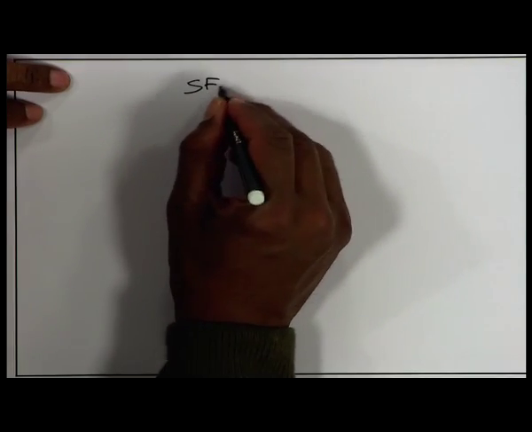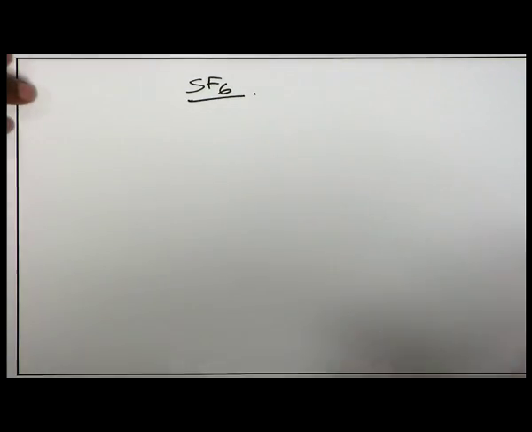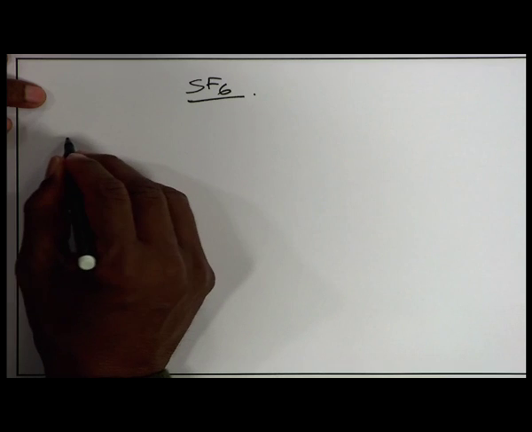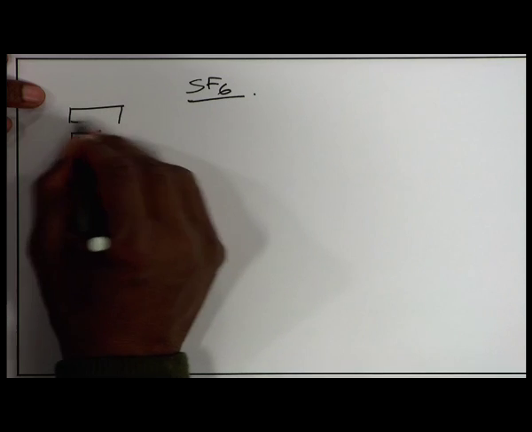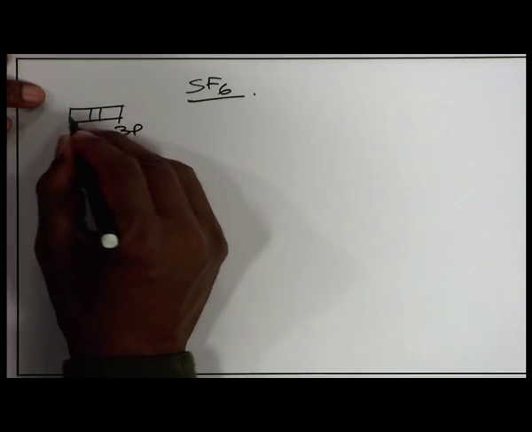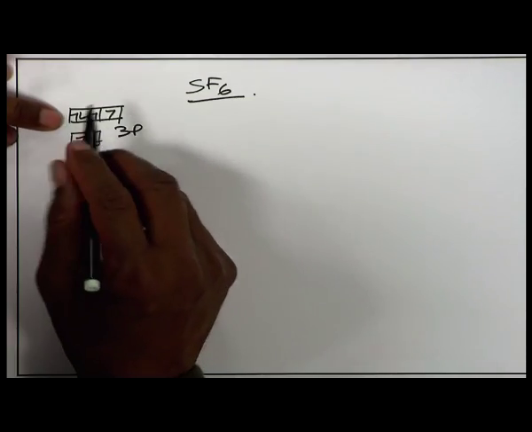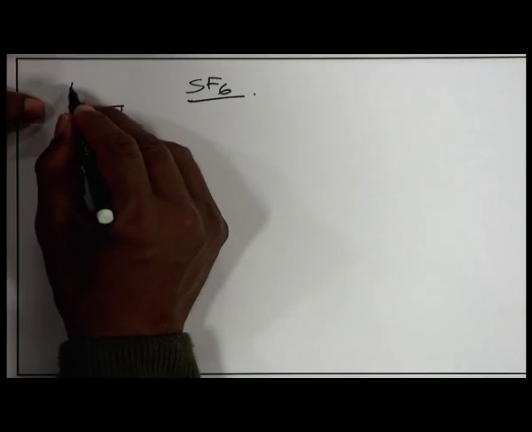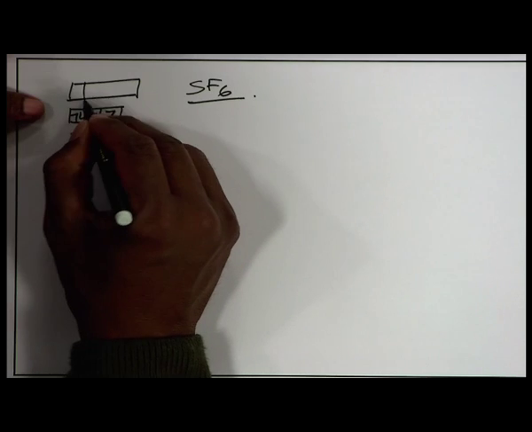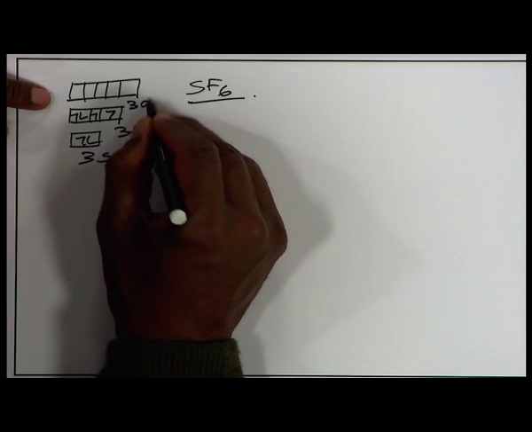Yes, SF6. Here again you have the 3s orbital containing 2 electrons, and then you have the 3p orbitals, like this. So, this is called a doubly filled orbital. On top of that you have the 3d orbitals, which are empty.